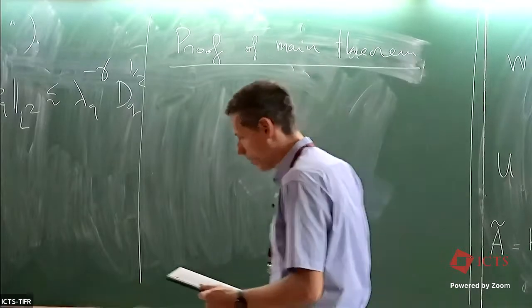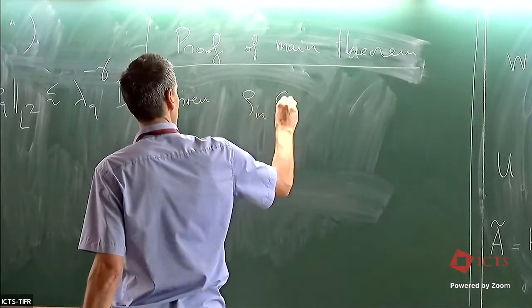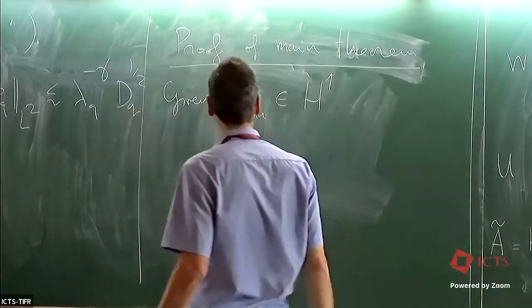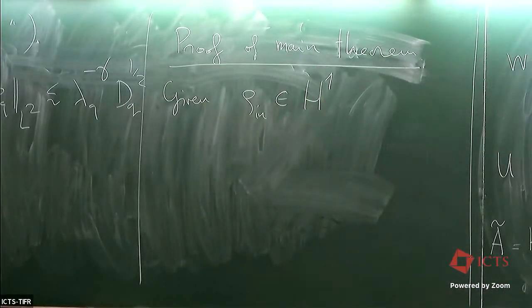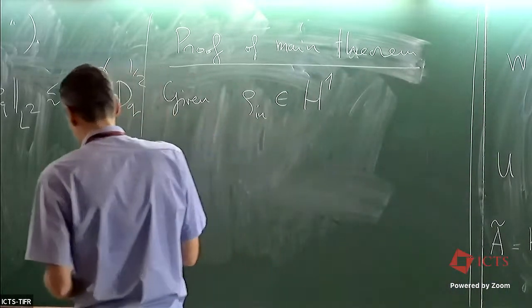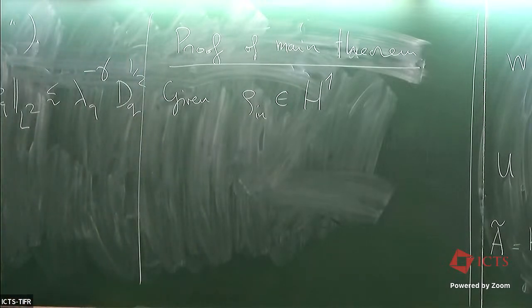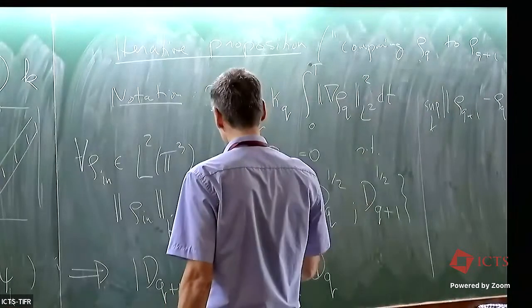In the setting of the main theorem, we are given an initial data which is in H1, so we will need to mollify this. But before we do that, we need to figure out this estimate, which relates the dissipation rate and lambda q to the initial data. This part depends on q, this does not.